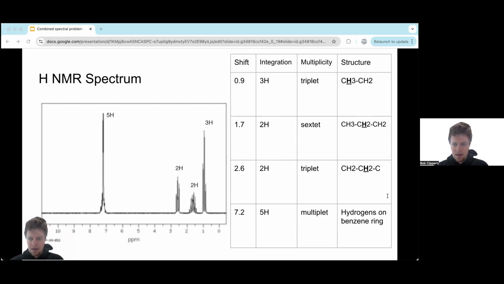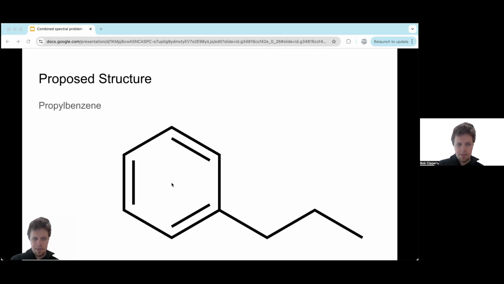So with that, I believe that our proposed structure is propylbenzene. So you can see from the IR spectrum that we have the C to C double bonds, but we also have sp3 hydrogens as well as sp2 hydrogens coming off of the ring.